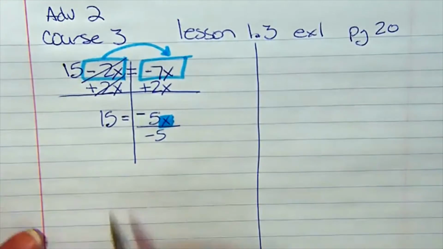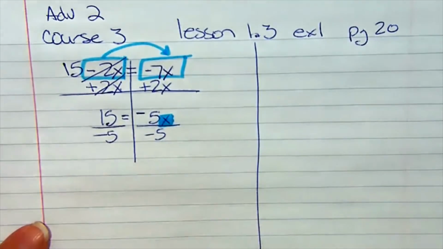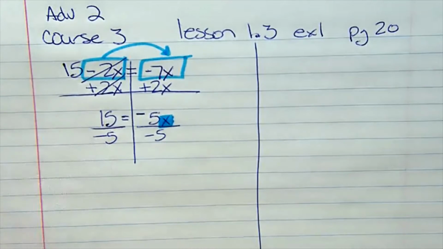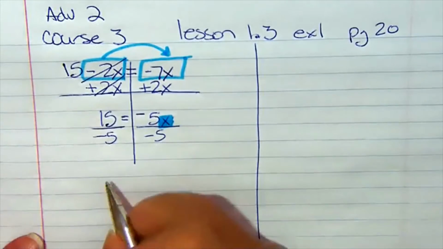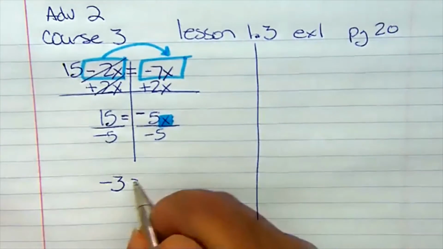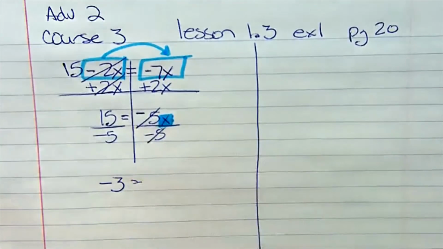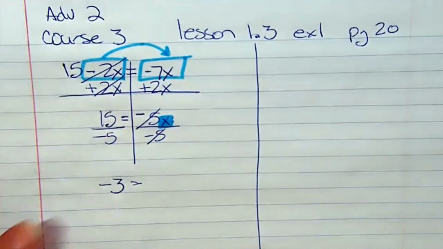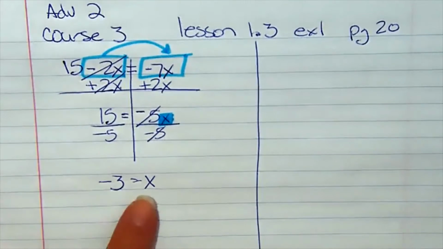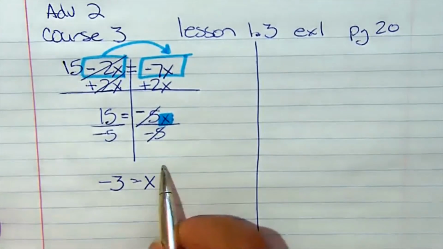What I do to one side, I must do to the other. So 15 divided by negative 5, I have a positive and a negative, so my answer is going to be negative. Negative 5 divided by negative 5 is 1, so they effectively cancel each other, and I'm left with x. So x is equal to negative 3.